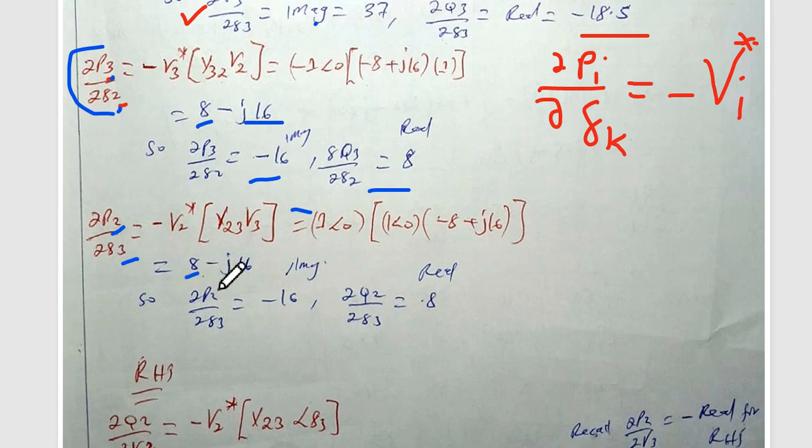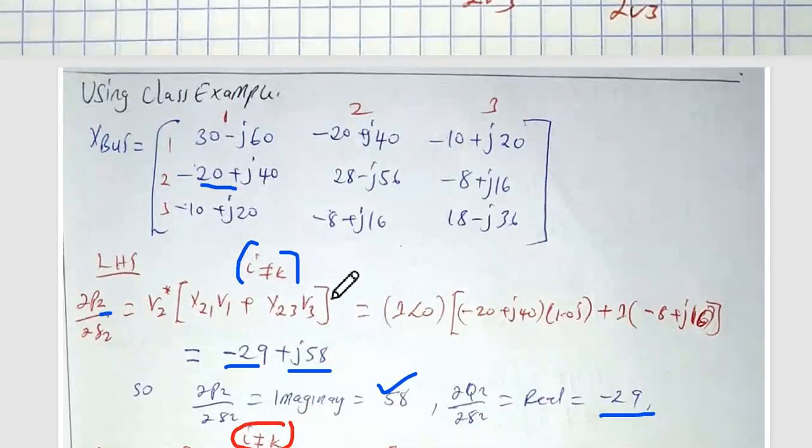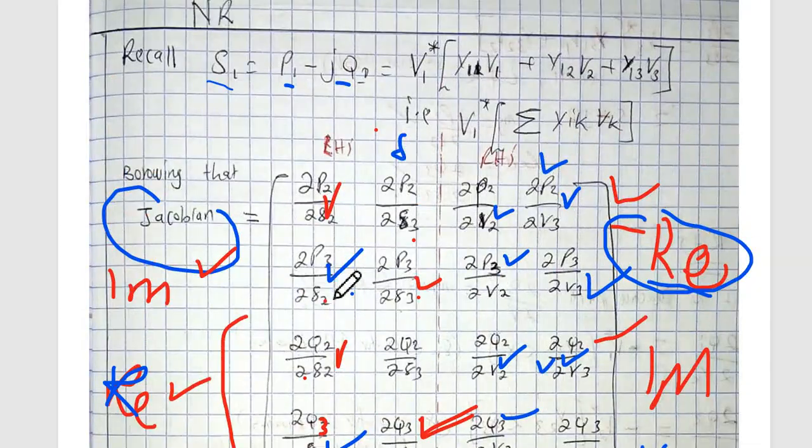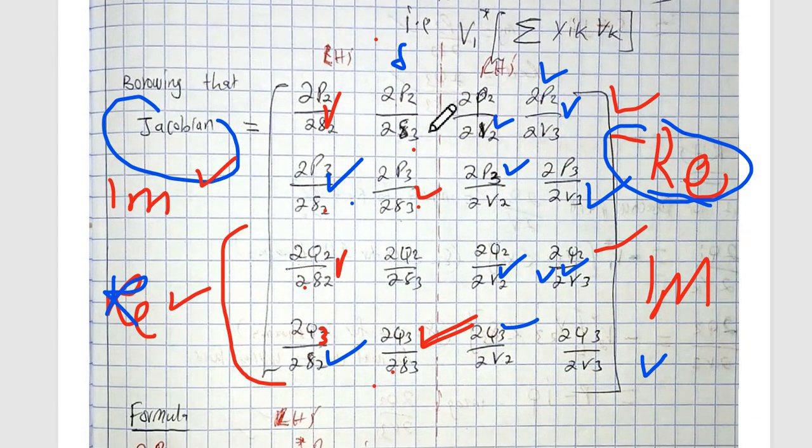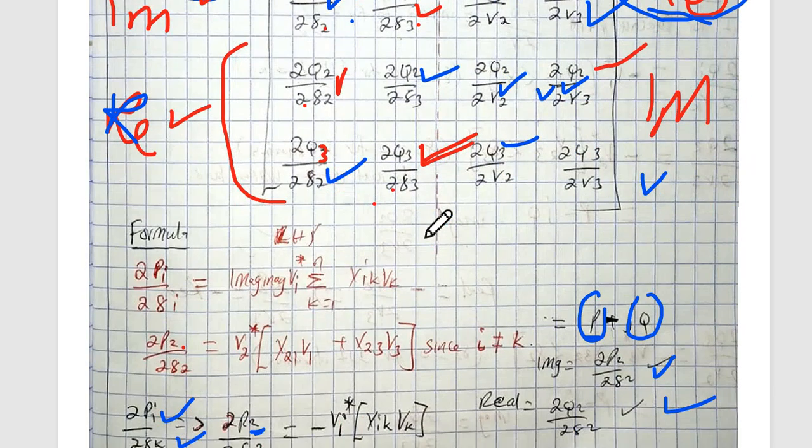You get 8 minus j16. Imaginary already gives us that partial P2, partial del 3, this one negative 16, and then the real one will give us this. So this one will give you imaginary and this is real. So we'll have solved all 8 values in no time.